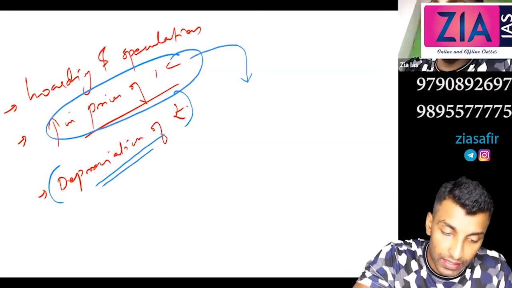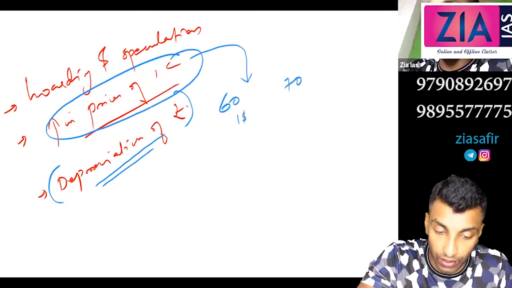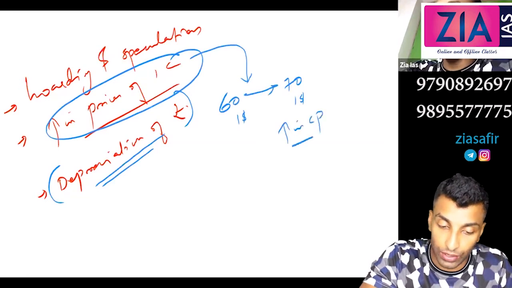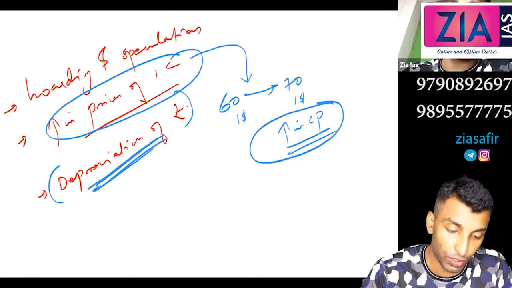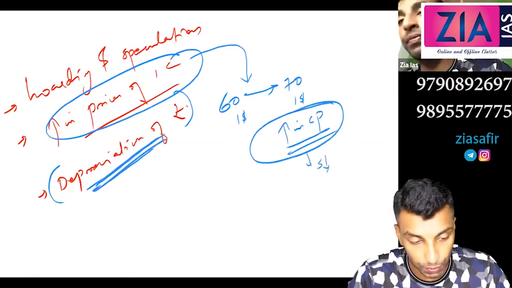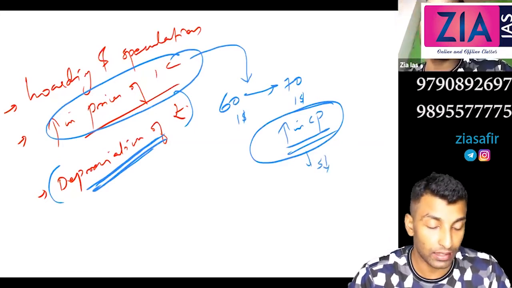Earlier let's suppose you were paying 60 for $1, and now you are paying 70 for $1. So this leads to an increase in cost of production. That will reduce the supply, and that leads to cost push inflation. So depreciation of rupee is actually a reason in both cases, there and here.